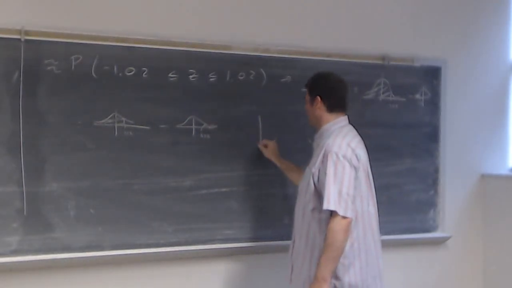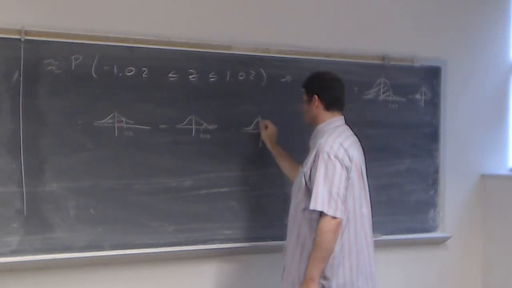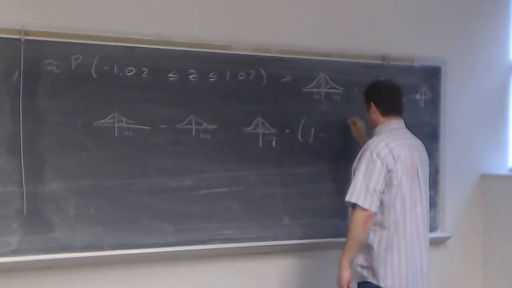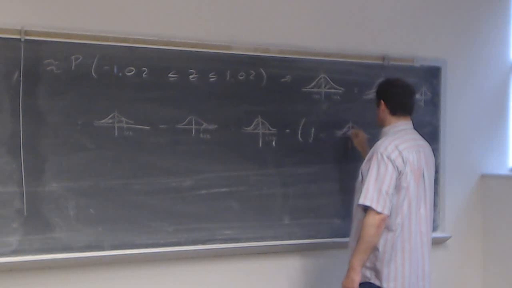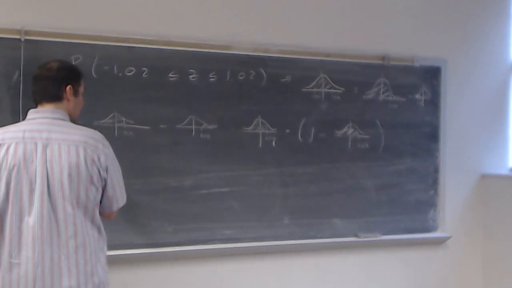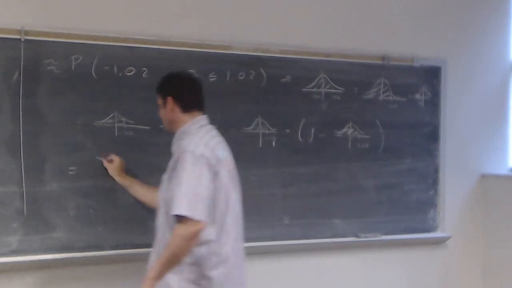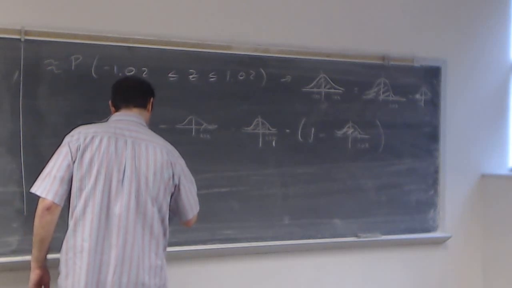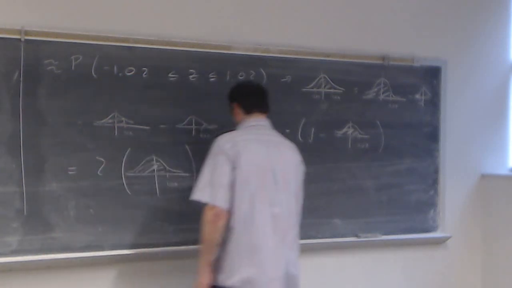So this is equal to the same part we've been looking at, 1.02 back, minus, this is 1 minus this part. Okay, I can describe this. These are the same. So if you will, I'll say it's 2 times this area minus 1.